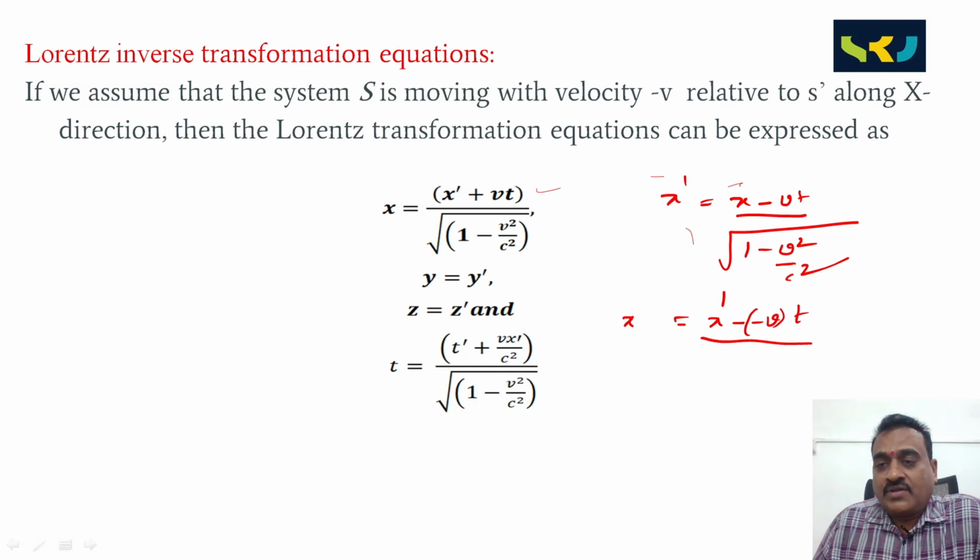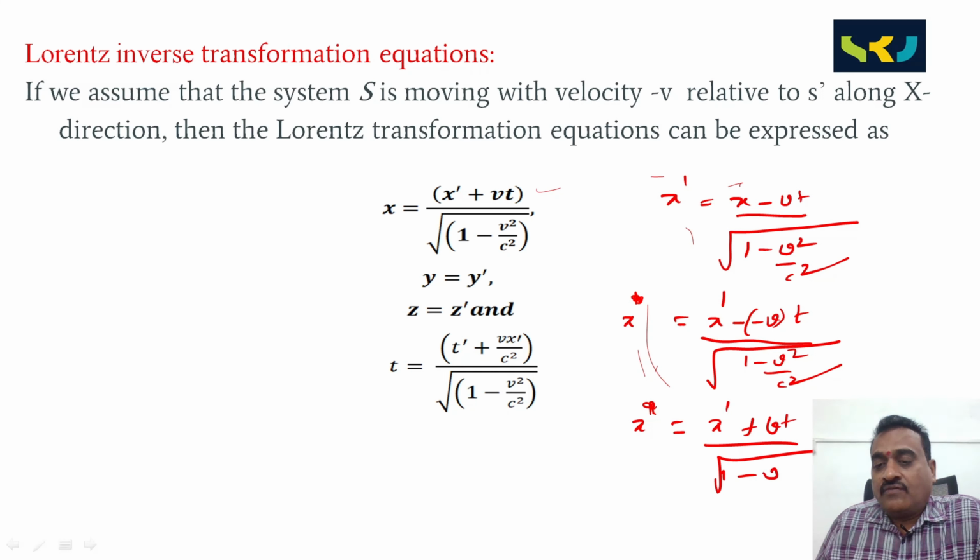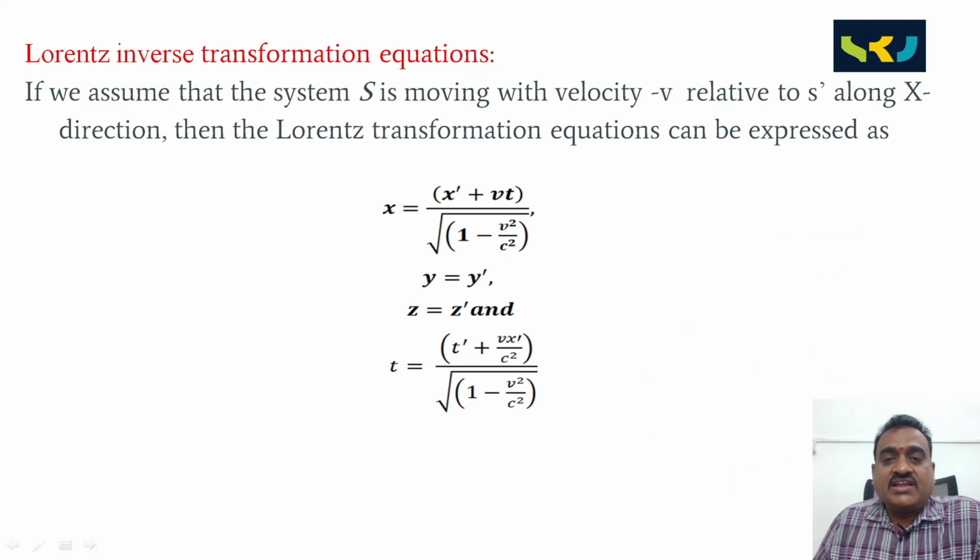So x is equal to x dash plus vt, all divided by root of 1 minus v square by c square. You can see clearly here.